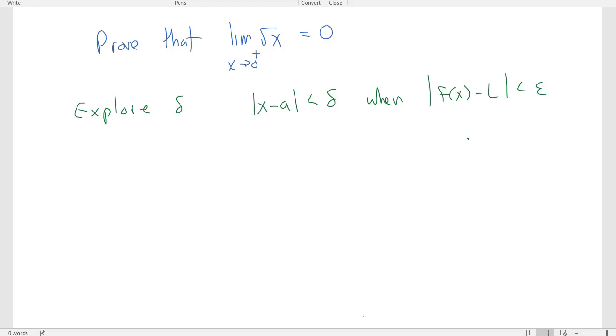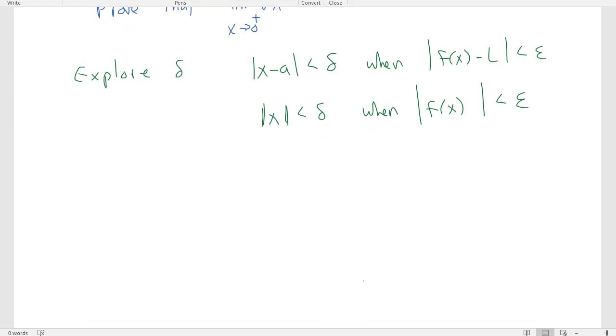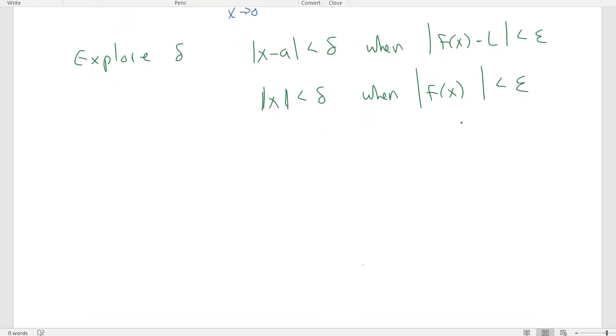That's our definition. For this particular example, our x value is approaching 0, so we're looking at |x minus 0| less than delta. And our limit here is 0 as well, so we have |f(x) minus 0| less than epsilon. Our f of x is root x, and we want that to be less than epsilon.